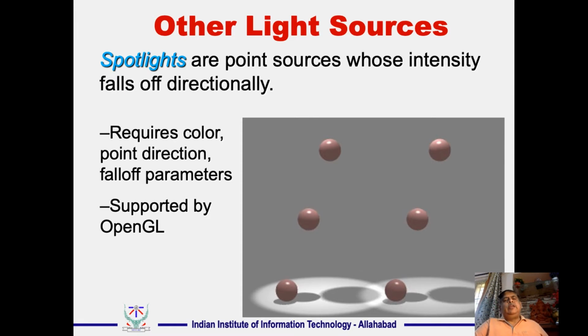The spotlights are point sources whose intensity falls off directionally, requiring color, point, direction, and fall off parameter, and this point source is of course supported in GL.